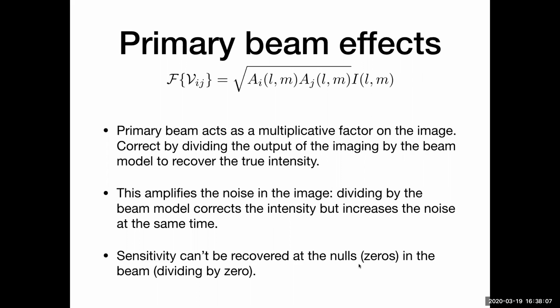So typically people will mask out regions where the beam is 0 or close to 0 and say, well, there's no information here. And in places where the beam level is very small, usually at the edges, where you only have 10, 20% sensitivity, your noise has been boosted by a factor of 5 to 10.